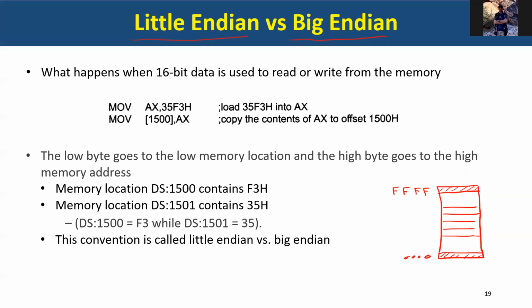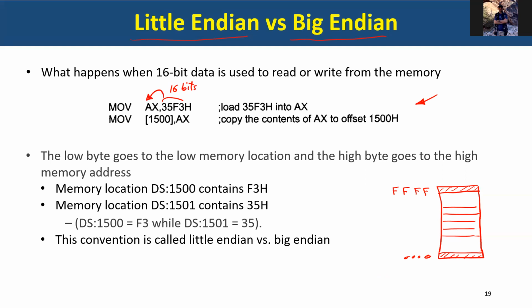Let's assume you have an example like this, in which you move data, which is 35F3, which is 16 bits, into the AX register. AX is 16 bits.